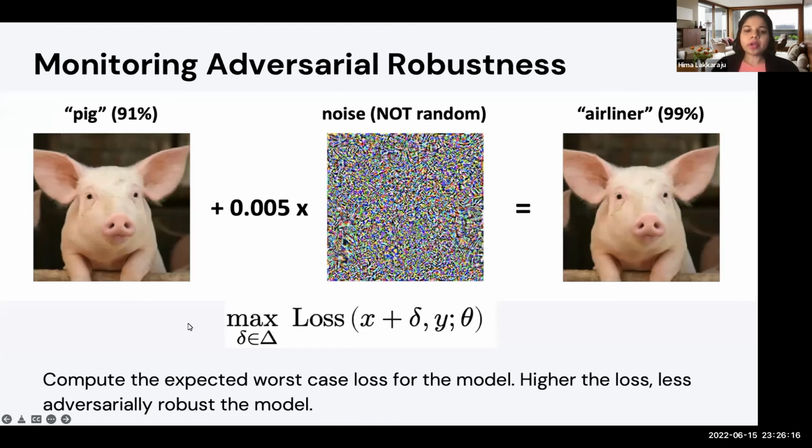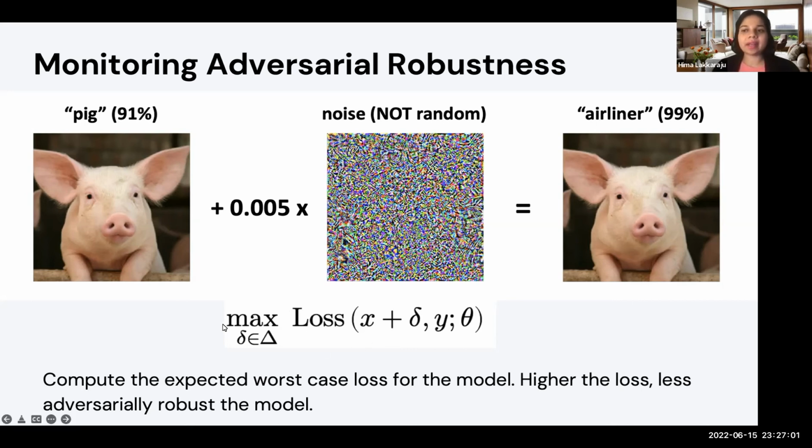Okay? In order to measure the brittleness of the models, what we can do is compute the expected worst case loss for the model. Okay, so how do we compute that? What do I mean by that? The expression that you see here is basically computing the perturbation delta of a given point x for which the loss of the model turns out to be the worst, okay, with respect to that point x. So this is the worst case loss for one point x.